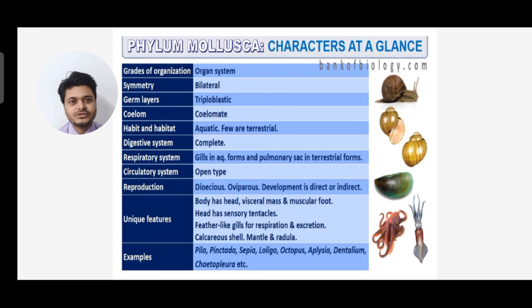The circulatory system is open type, and they are oviparous and dioecious, with direct or indirect development. Unique features: a body with head, visceral mass and muscular foot; the head has sensory tentacles; feather-like gills for respiration and excretion; a calcareous shell, mantle and radula. Examples include Pila, Sepia, octopus, etc.